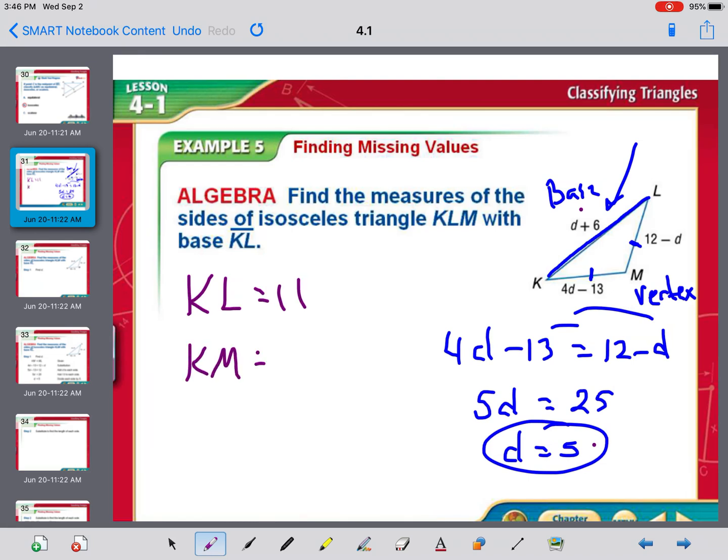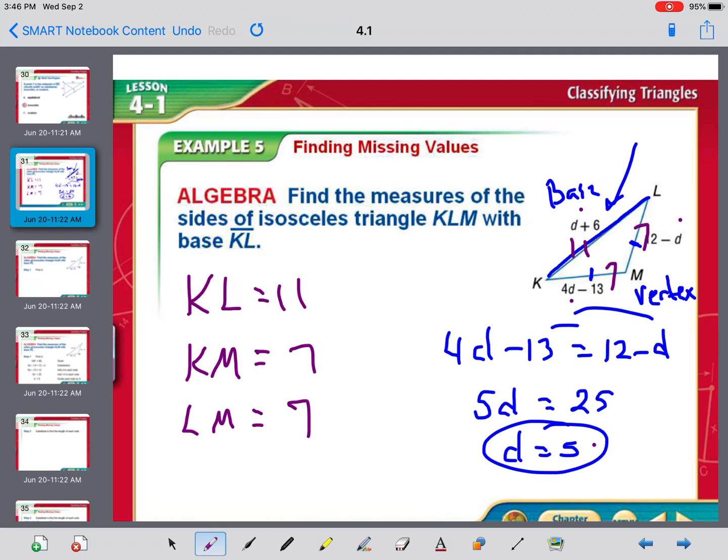Just looking at KL, if D is 5, you put 5 in there, it's 11. Looking at KM, you put 5 in there, you get 20 minus 13 is 7.